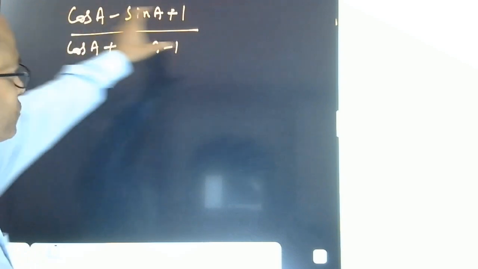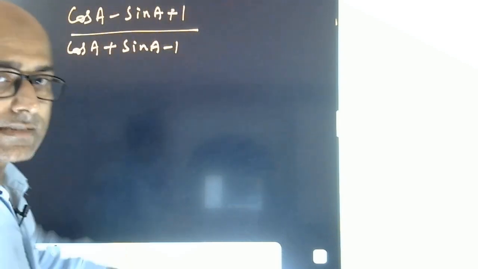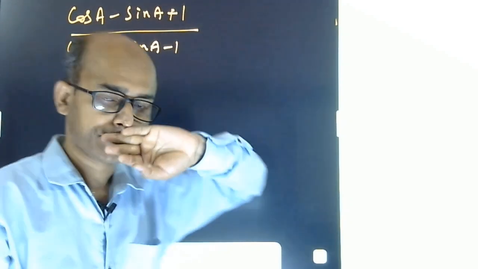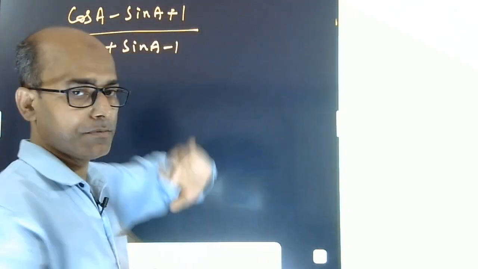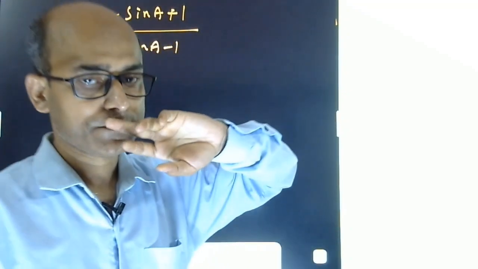Just a simple thing, how you would be able to do this. If I divide the numerator by sin A, then it will become cos A by sin A. How much? Cot. Sin A upon sin A will cancel to 1, and 1 upon sin A will give how much?